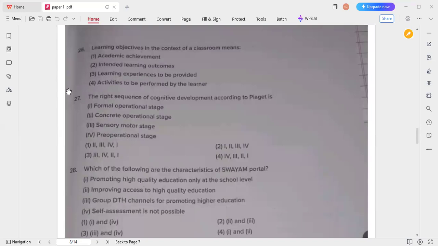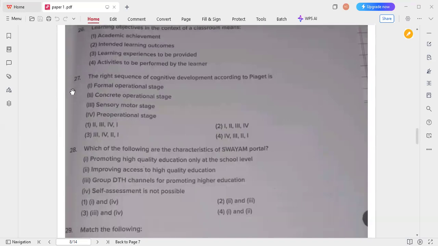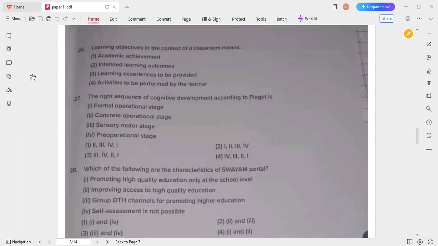So 26th. Learning objectives in the context of a classroom means intended learning outcomes. Option 2 is the correct answer. The right sequence of cognitive development according to Piaget.